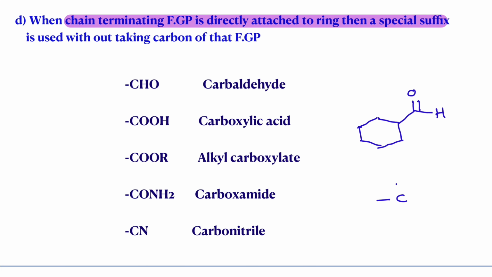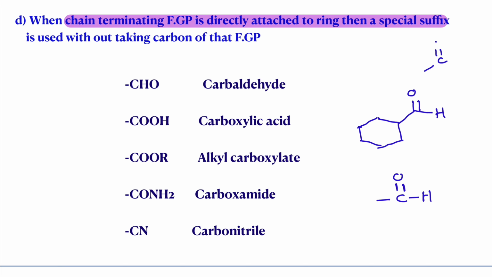It is the functional group in which three valencies of carbon are fixed. You can see when you are writing aldehyde, three valencies are fixed. Only one valency is not fixed. Therefore, this aldehyde group is always at a terminal position.